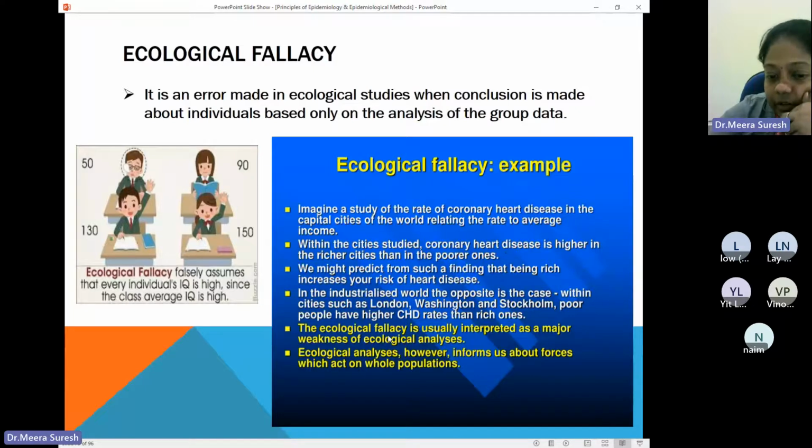For example, in some industrialized countries, the condition is opposite. Within cities such as London, Washington, and Stockholm, poor people have higher CHD rates than rich ones, because these rich people, though they are rich, also have access to better lifestyles. Like, they may be going to gyms that are more accessible to them, and they may eat only organic food.